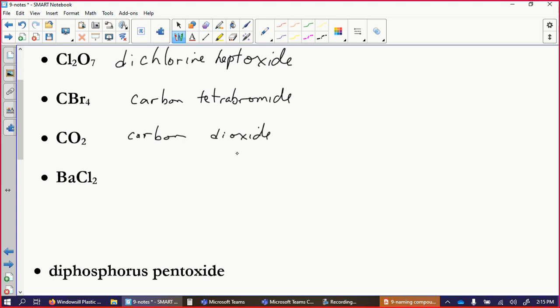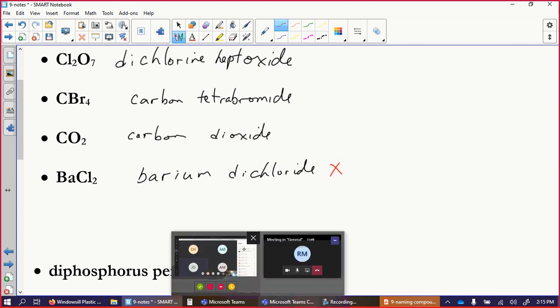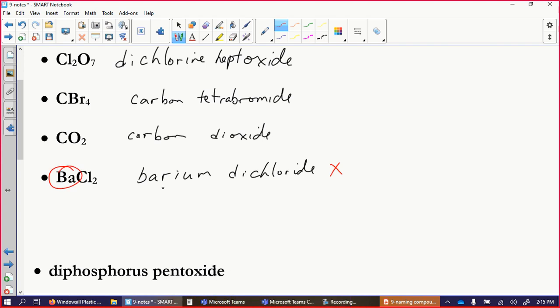And the last one I throw in there for a reason, because if I ask this in class, everyone's kind of following along, and most people say, and I say, you do that on a test, I do this, because what type of an element is barium? A metal. So a metal, you don't use a prefix.